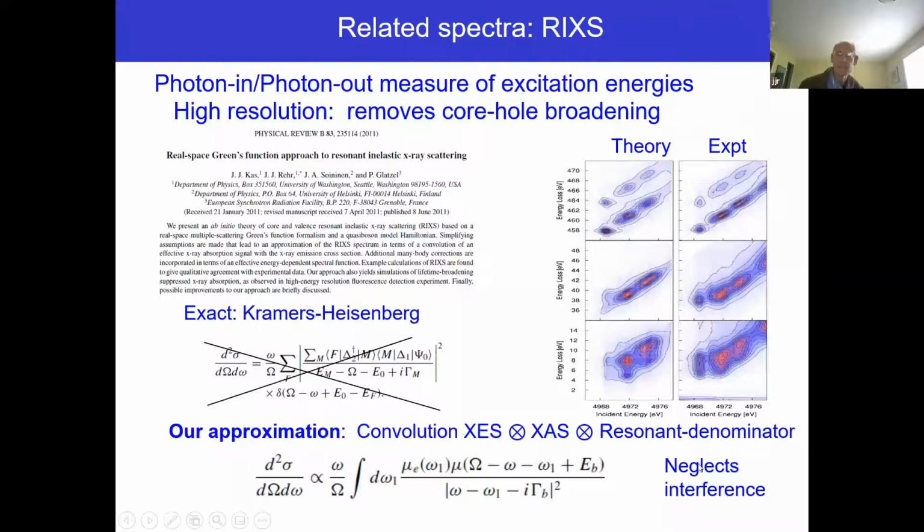And this is sort of good enough. As you can see, the agreement between theory and experiment is, I think, acceptable. Acceptable at a fingerprint level to determine what the excitations are. So this is work of Josh Kas and Alexei Soininen and Pieter Glatzel.